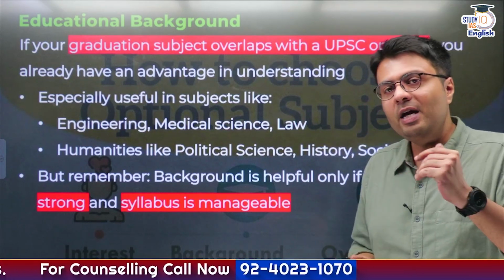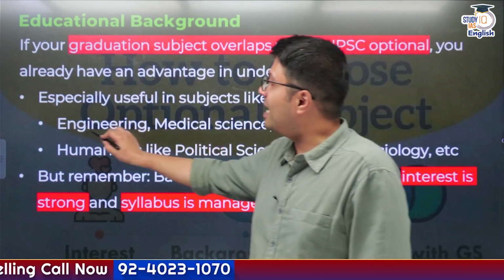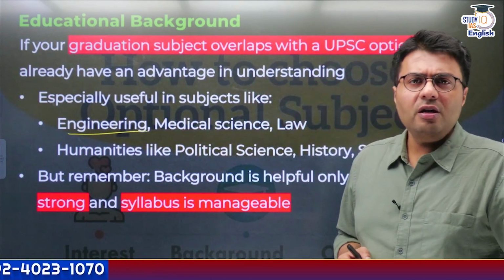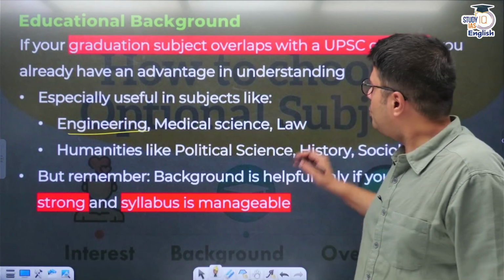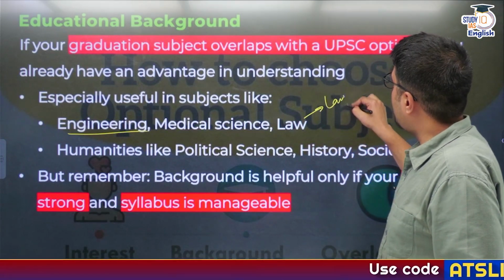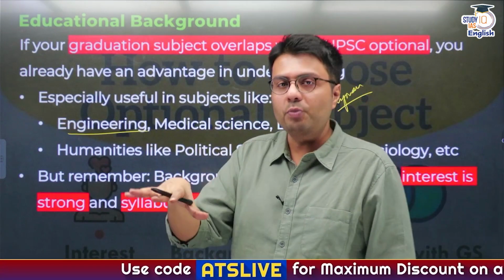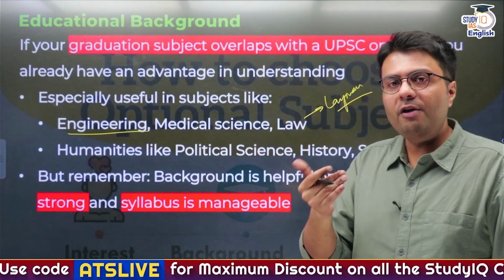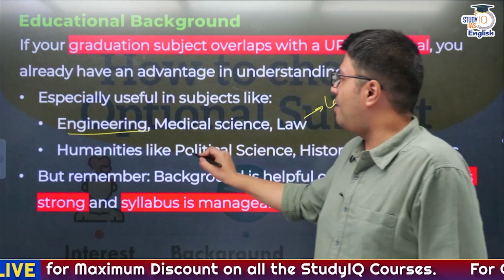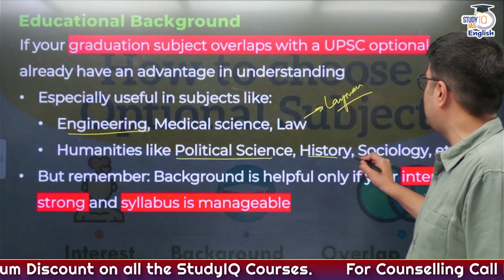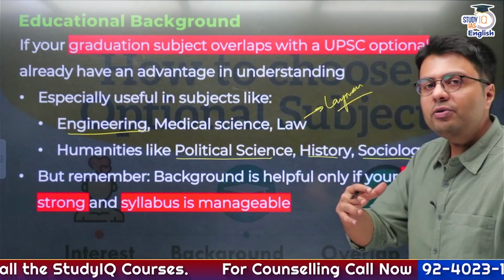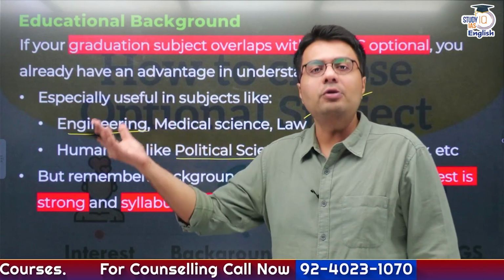So this can play a very important role, especially if you hail from a technical background like engineering, medical or law. First of all, it is very difficult for a layman to get an understanding of these subjects, so you automatically have an advantage. Similarly, if you hail from a humanities background, like if you have done your graduation in political science, history, sociology, it gives you certain advantages over technical students.